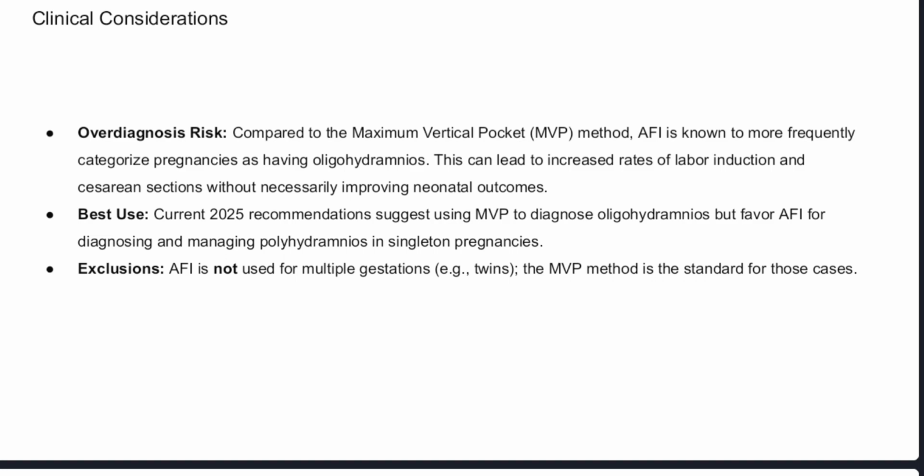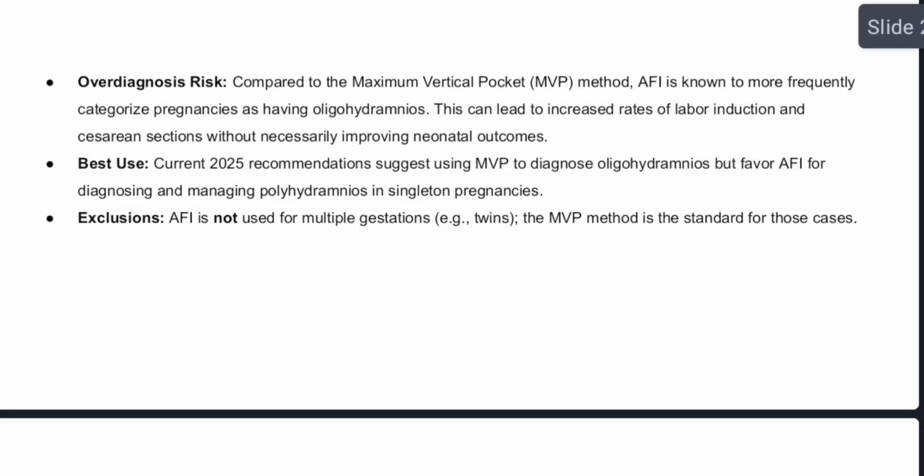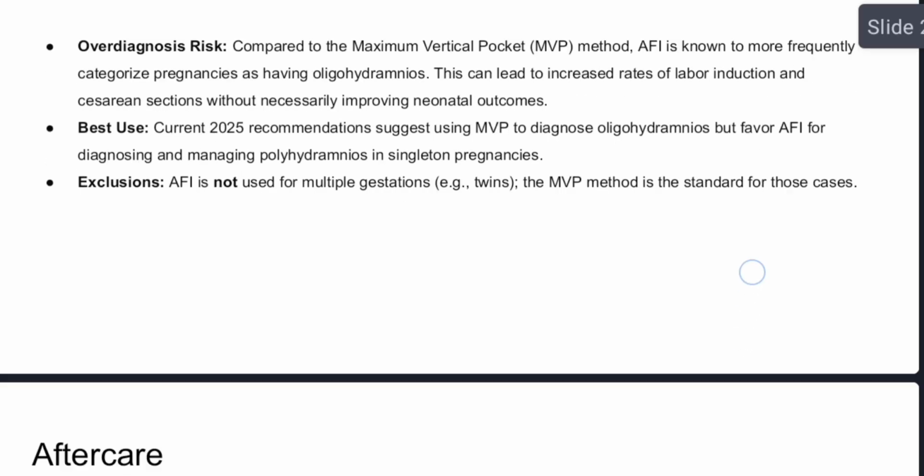So currently, recommendations suggest using the maximum vertical pocket to diagnose oligohydramnios, but favor amniotic fluid index for diagnosing and managing polyhydramnios. Okay, so amniotic fluid index, the third point, is not used for multiple gestations. For multiple gestations, we would rather use maximum vertical pockets.